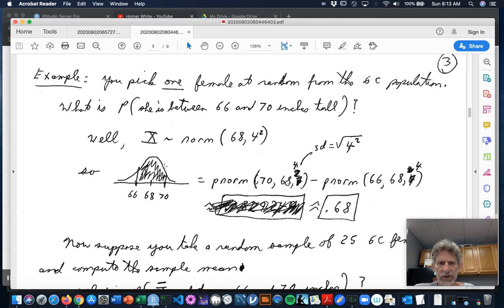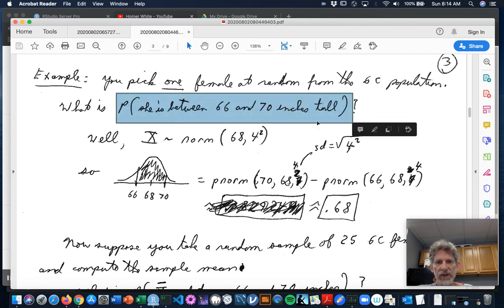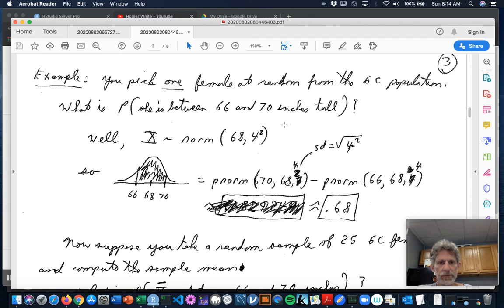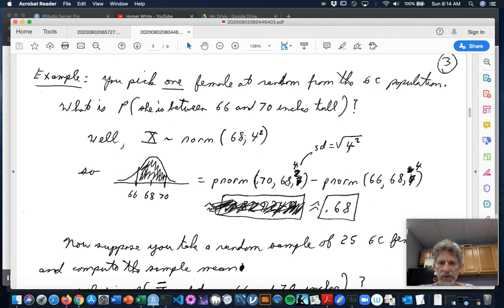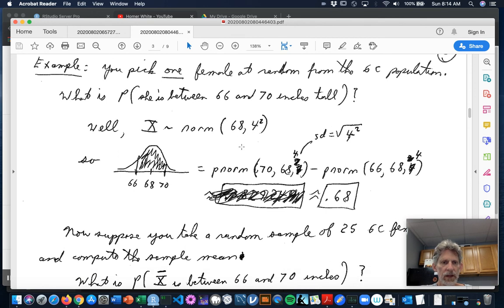What's your chances of coming within 2 inches of the correct mean? Okay. So you're asking for the chances that the female you pick is between 66 and 70 inches tall. So we think here. The underlying distribution, population, is normally distributed, mean 68, and variance 16, 4 squared. You're looking for this shaded area here.